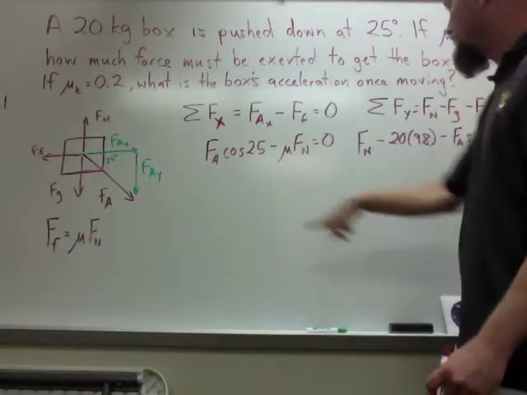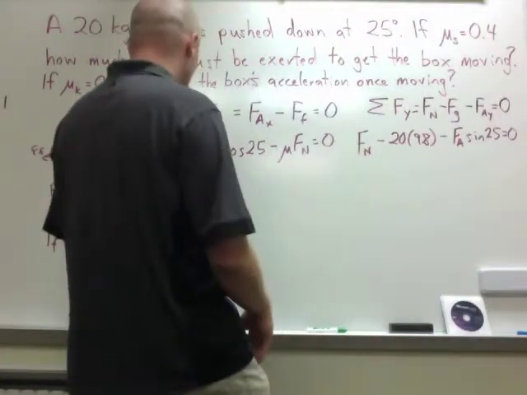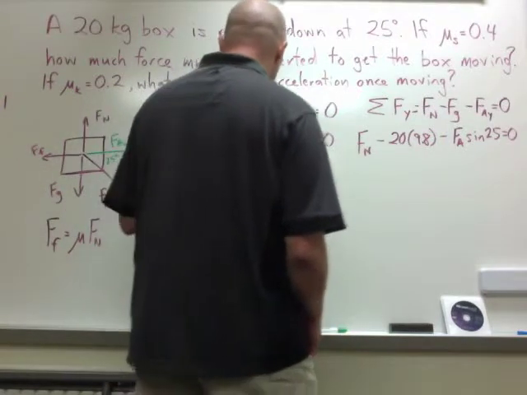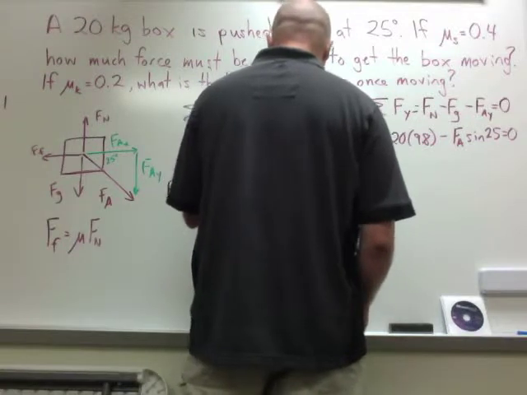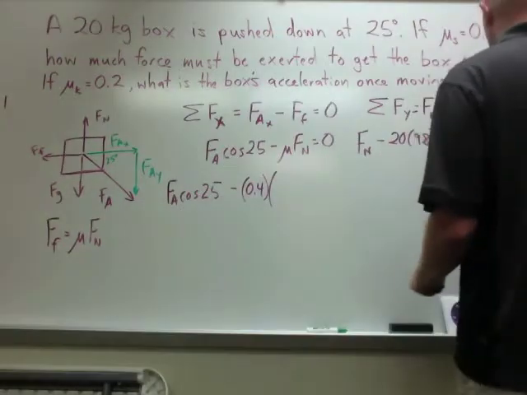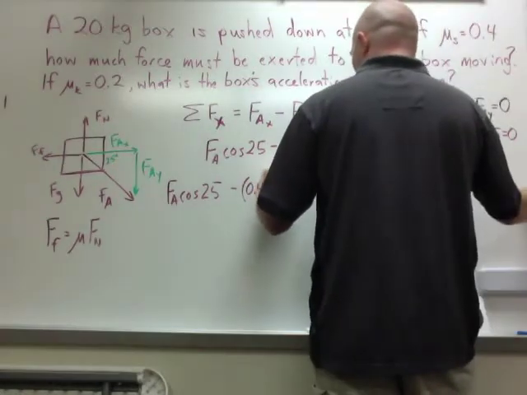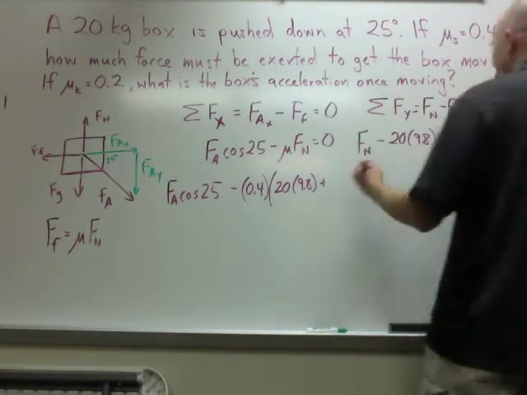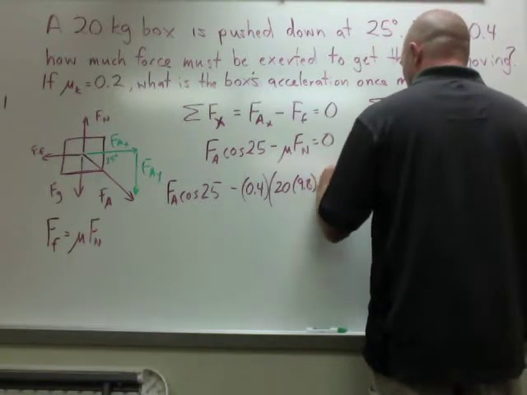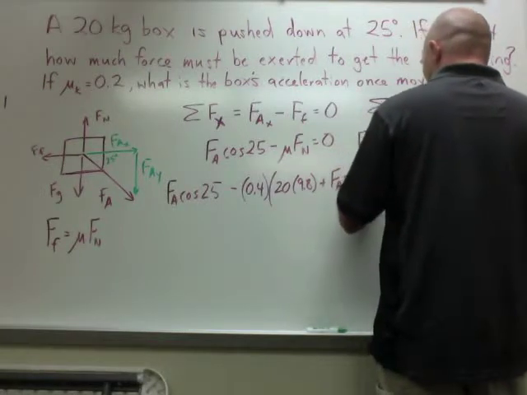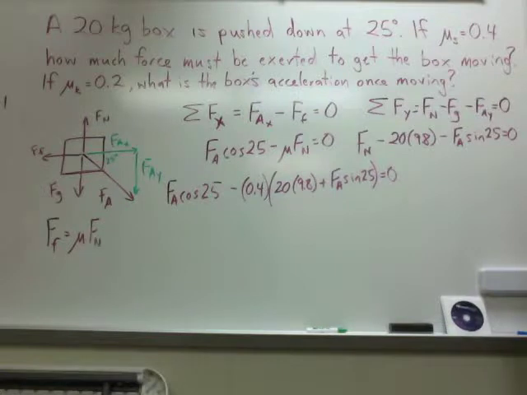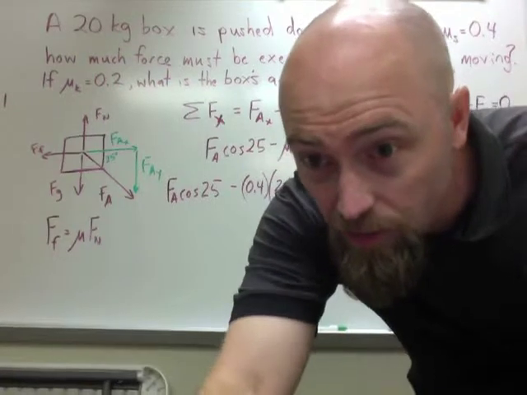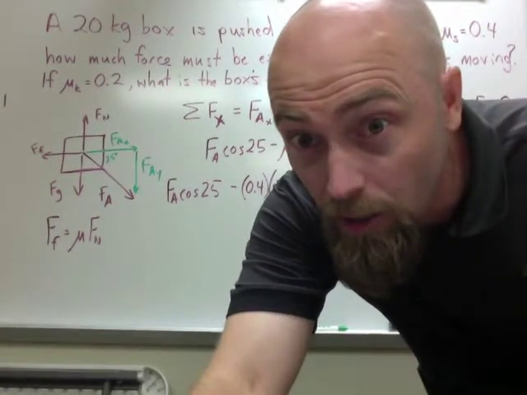If I sub it in, I get Fa cosine 25 minus 0.4 times 20 times 9.8 plus Fa sine 25, because I bring this over, and this whole thing equals 0. Then I have to do some math, and here's where I'm going to pause. You guys can do the calculations as well, and then we'll come back and solve it.